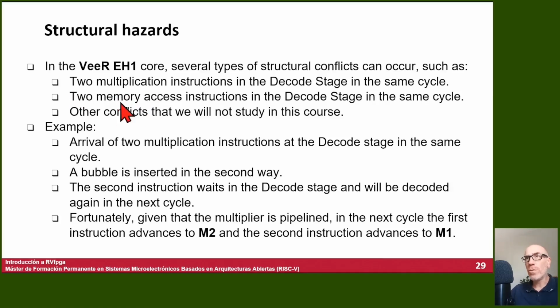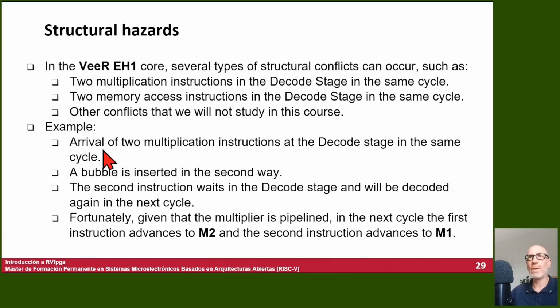A structural hazard also occurs when 2 memory access instructions reach the decode stage in the same cycle. For the same reason as before, since we only have 1 path to execute these instructions, the second one must wait. Other similar conflicts exist, but won't be covered in this course.